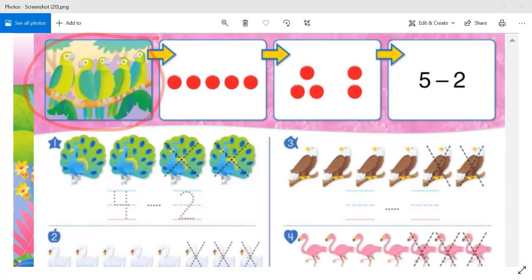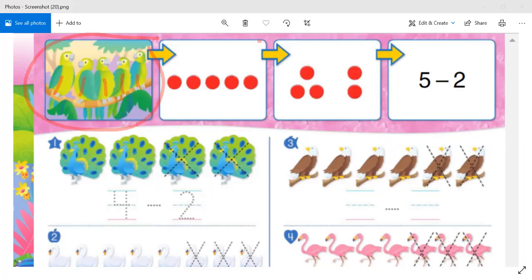What kind of birds do you see in this picture? It looks like parrots. How many parrots are there in all? Let's count them. 1, 2, 3, 4, 5. There's 5 parrots in all.